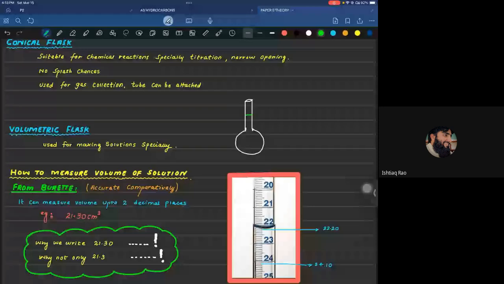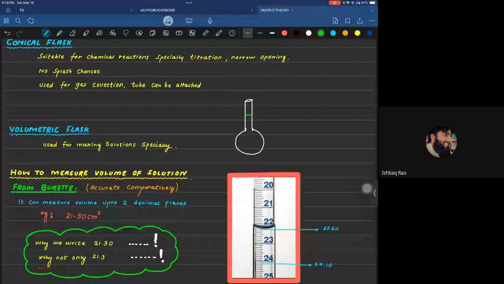You can see the 10 cm cube volumetric flask, the 20 cm cube volumetric flask, the 50 cm cube volumetric flask. Of course, to prepare an exact amount of solution, we can use a volumetric flask. They are more accurate.